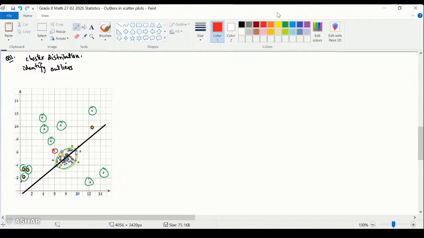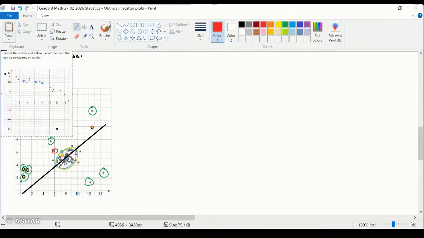Let's have a look at another example. Just a moment, please. Okay. Let's suppose it says, look at the scatter plot below, select the point that might be considered as an outlier.